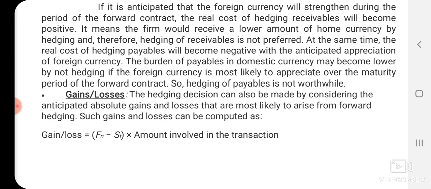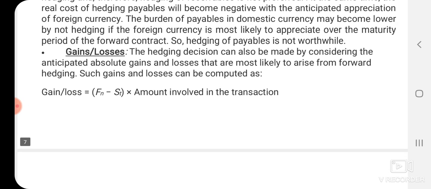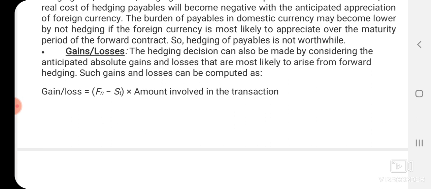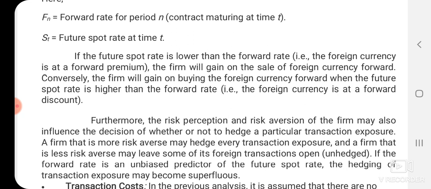So, in order to identify the gains or losses, there is a formula: forward rate minus spot rate, multiplied by the amount involved in the transaction. With this we can know the gains or losses. Here Fn means the forward rate at maturity, n means maturity, and St means the future spot rate at that time.